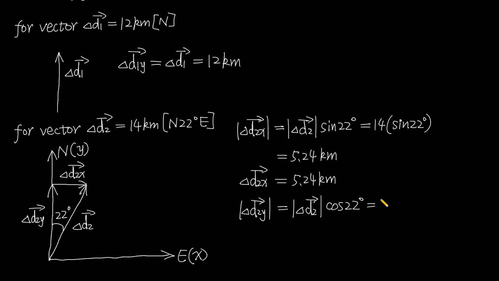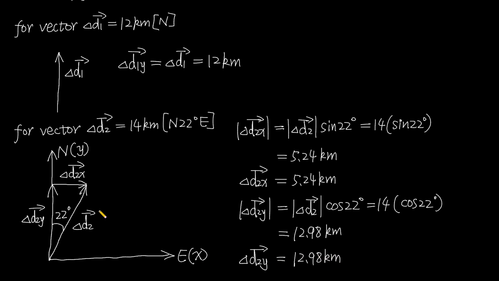And this equals 14 multiplied by cosine 22 degrees, which equals 12.98 kilometers. So vector delta d2y is just 12.98 kilometers. It's positive because its direction is the positive y direction.